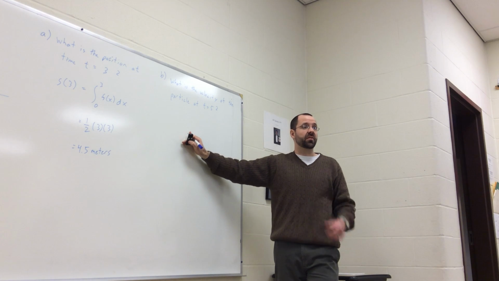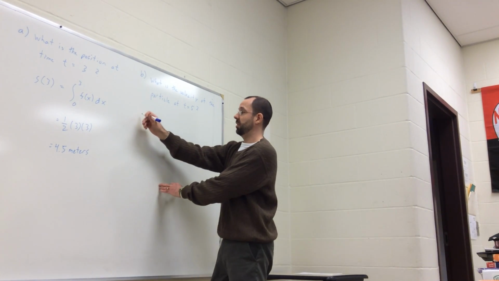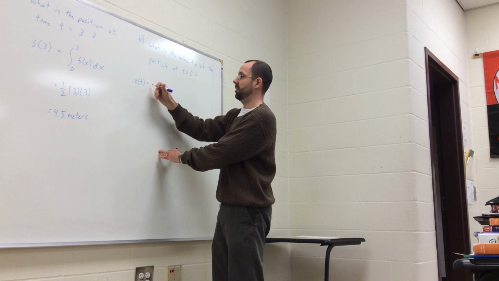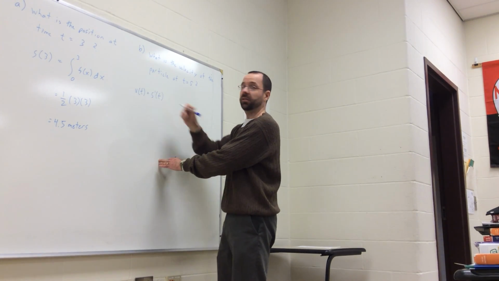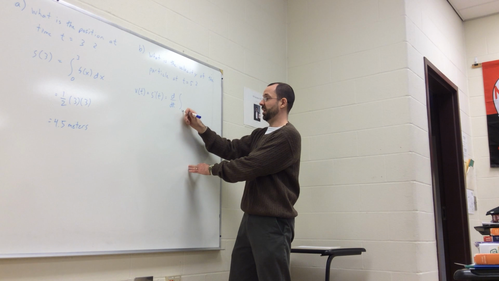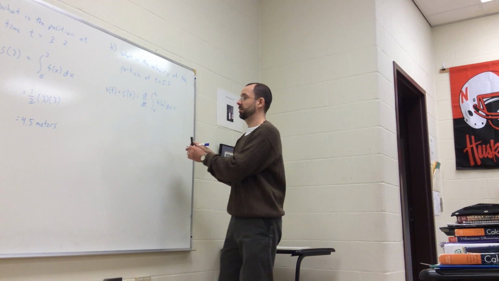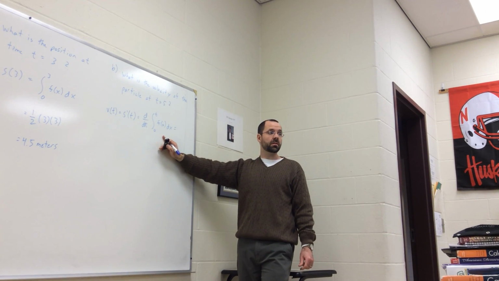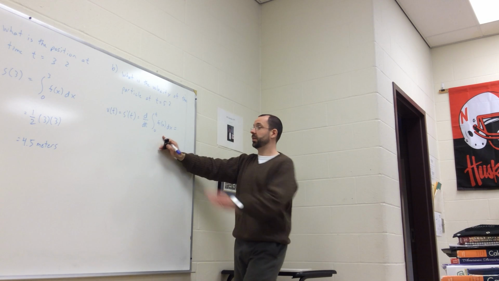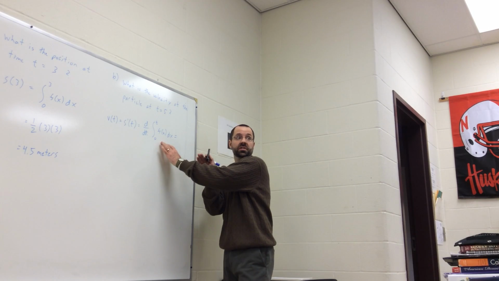How do I find the velocity function? Take the derivative of the position, right? So velocity is the derivative of position, which is the derivative of this math. Here's the position function, right? So I'm just taking the derivative of that position function.